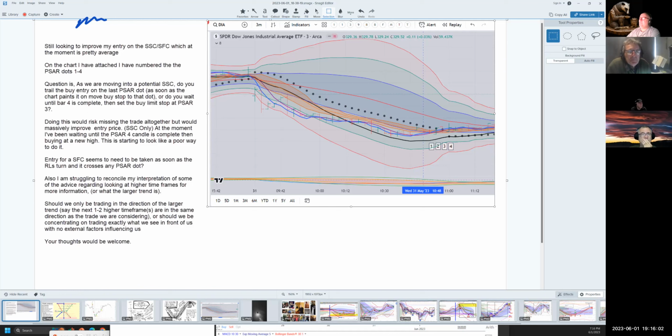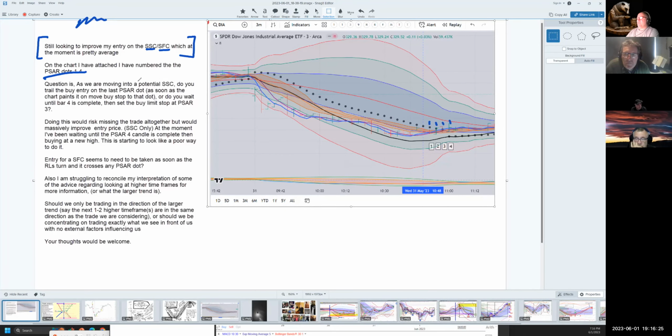And so looking to improve the supported spring crossing and supported fall crossing entries. On the chart, you've got the PSAR dots numbered 1, 2, 3, and 4.